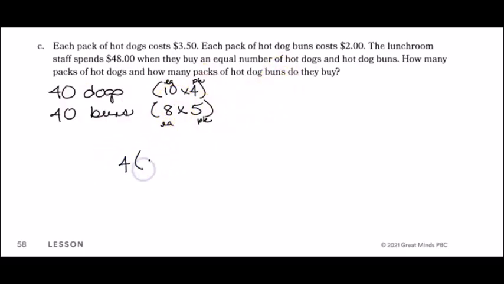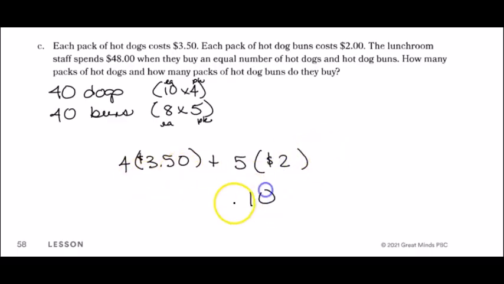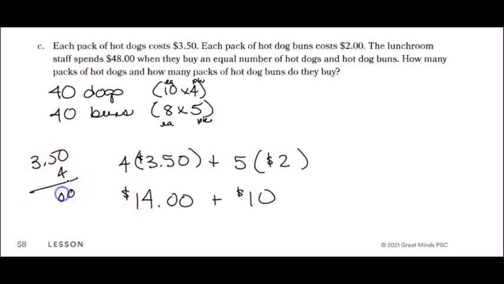So 4 times $3.50 plus 5 times $2. That would be $10 plus $14, because $3.50 times 4 gives me 0. 5 times 4 is 20, carry the 2. 4 times 3 is 12, plus that 2 gives me 14. 2 decimal points, so I have to go 2 decimal points.